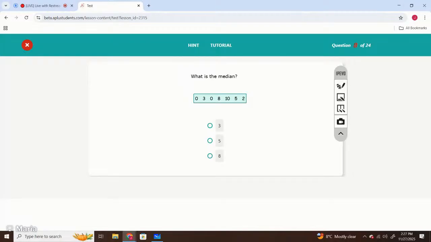So the median is 3. The correct option is option number 1, that is 3. What is the median? Three it is. The correct option is 3.